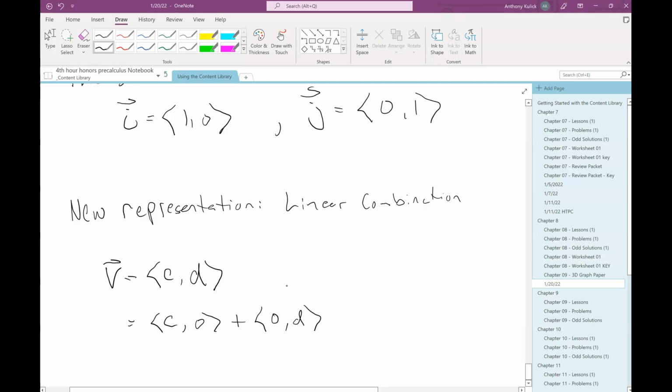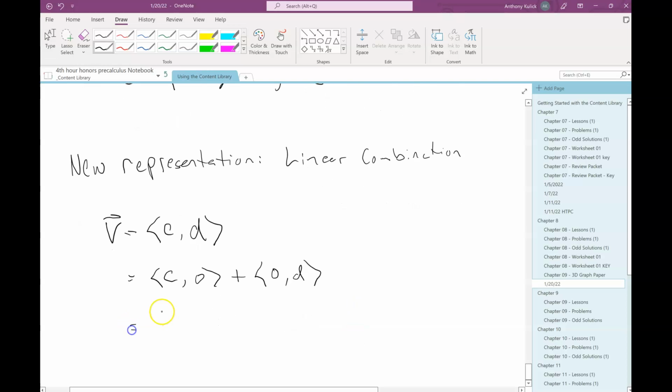Everybody cool with that? Obviously, if I add those together, I get c, d. And in the vector c, 0, if I factor out a c, I'd have the vector 1, 0. Similarly, in 0, d, if I factor out a d, I get the vector 0, 1.